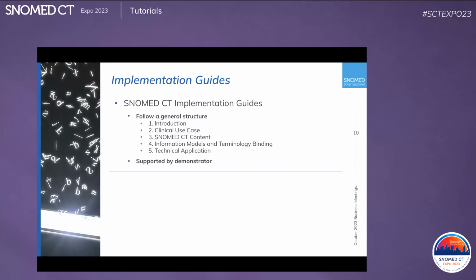And on the other side, an implementation guide is also about how we get SNOMED CT into those systems where we are documenting clinical data for this clinical domain. So that is a very technical focus. What are the services required? What is the architecture? What are the models that we should use? So an implementation guide should span all of this. So we have created this general structure here.